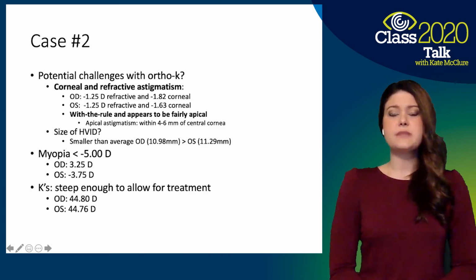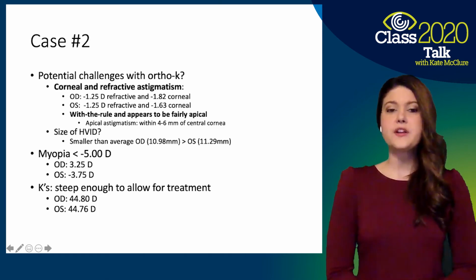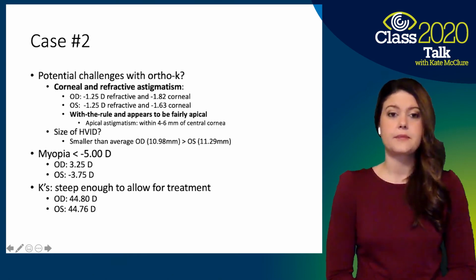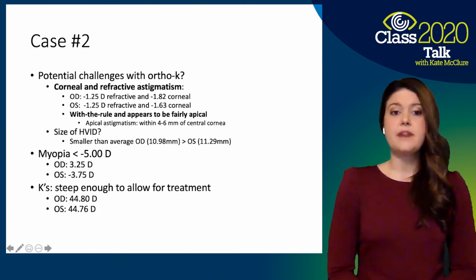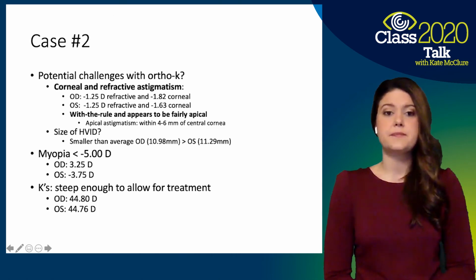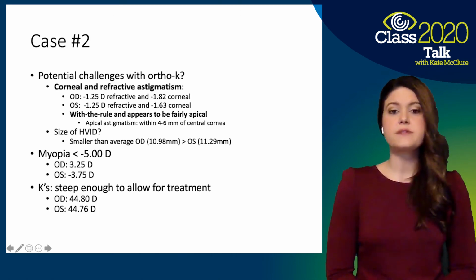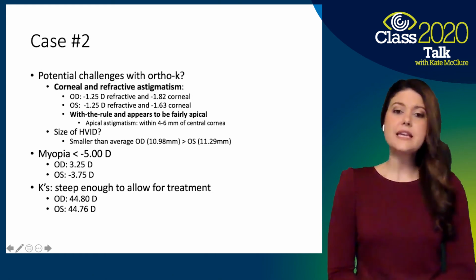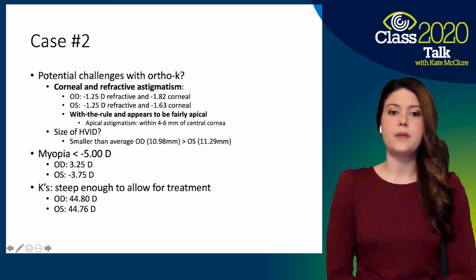So looking at this patient's information, what are the potential challenges that we might have with Ortho K? The patient does have corneal and refractive astigmatism. He has a diopter and a quarter of refractive astigmatism in each eye, and then a little bit more corneal in each eye as well.